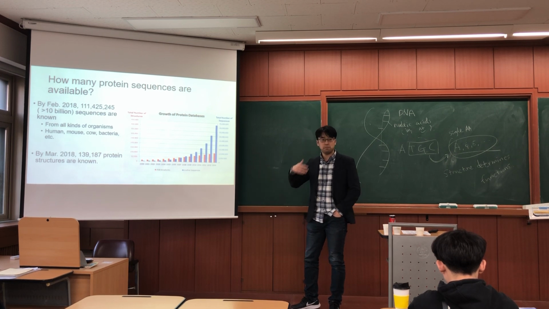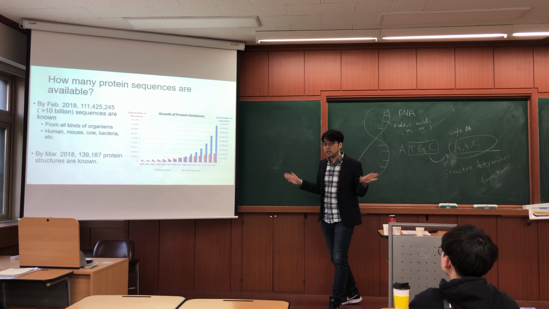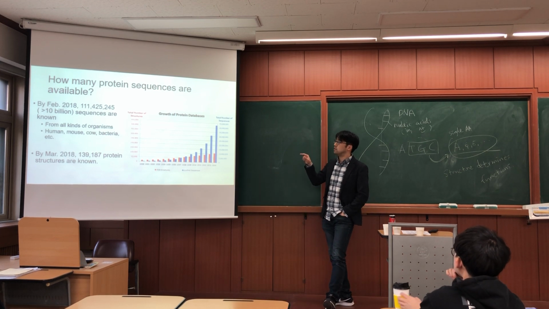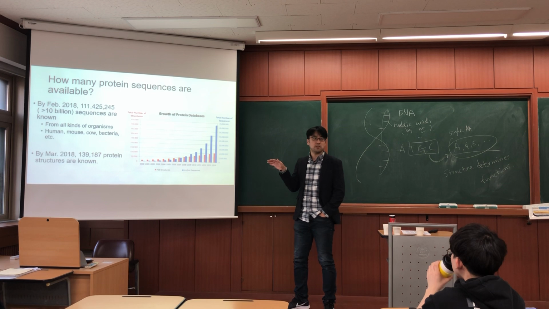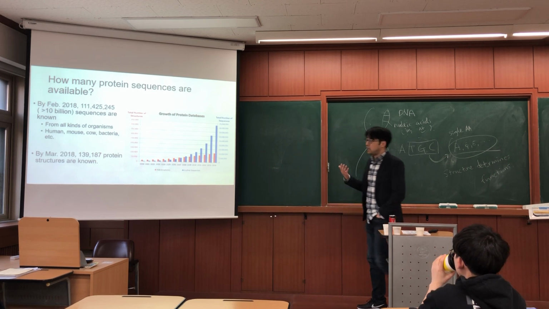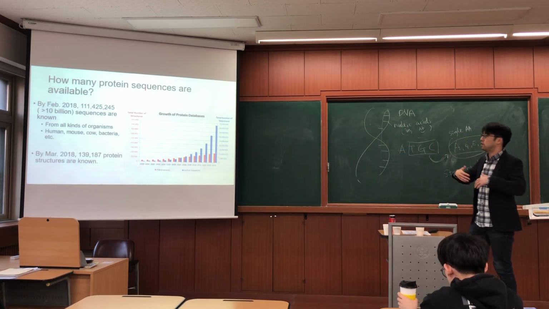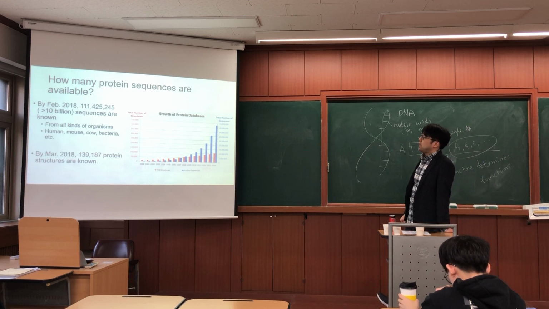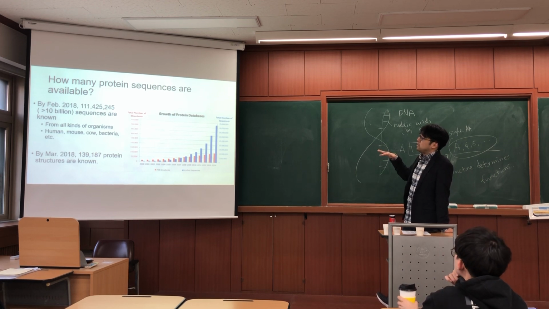Flies, worms, pigs, rats, all living things consist of proteins. They all have different proteins, so if we analyze them, we can get a whole bunch of sequences. Today, by doing all this kind of analysis, people have gathered more than 10 billion sequences.